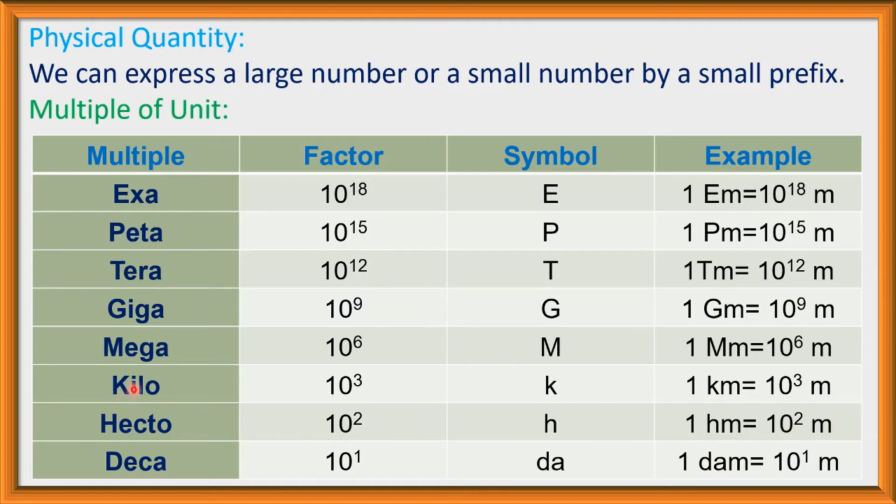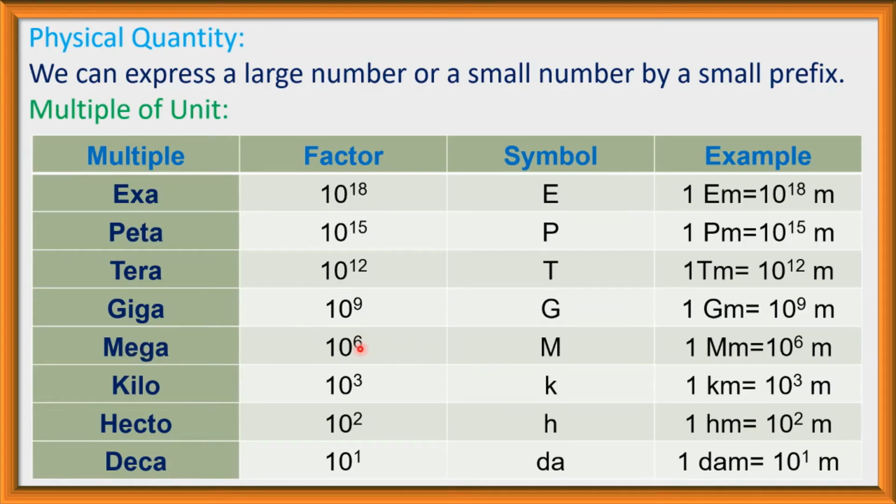And then kilo for the factor 10 to the power 3, and the symbol of kilo is small k. 1 kilometer is equal to 10 to the power 3 meter. Here for 10 to the power 3, kilo is used. For 10 to the power 2, hecto is used. For 10 to the power 1, deca is used. Deca, hecto, kilo, then mega.